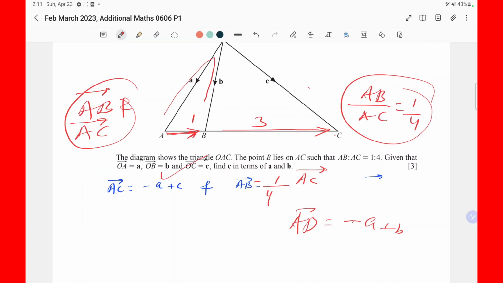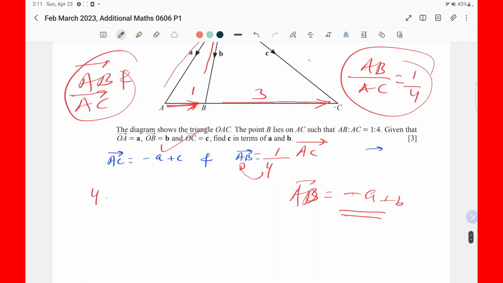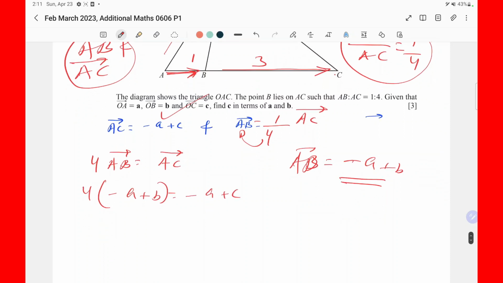AB I already found, which is minus a plus b. Or you can take this 4 over here, so 4 times AB is AC. AB is minus a plus b and AC is minus a plus c.